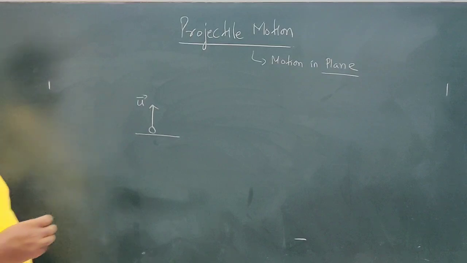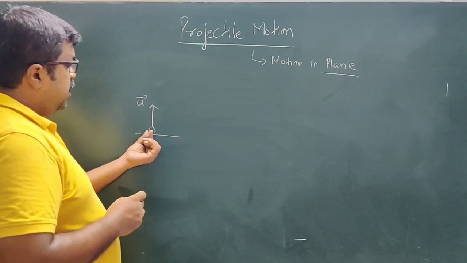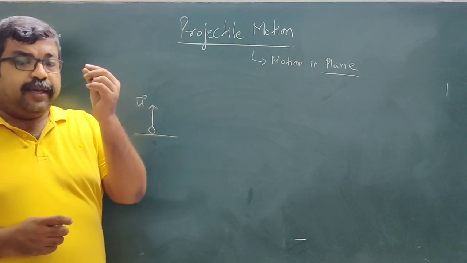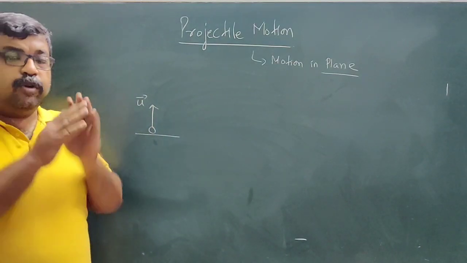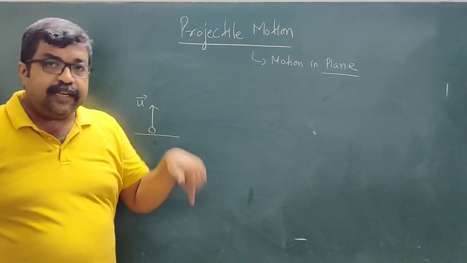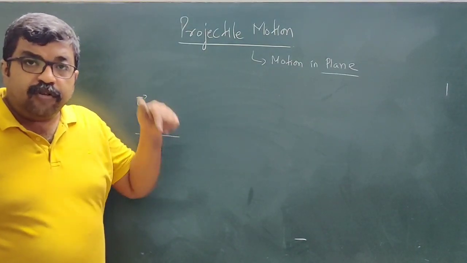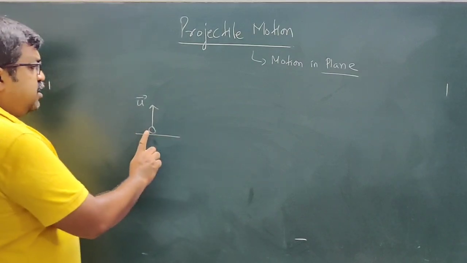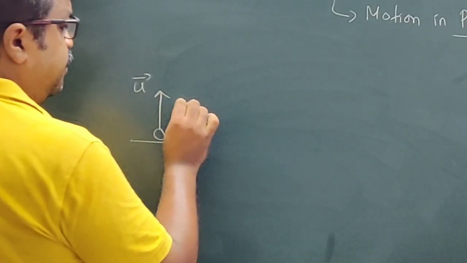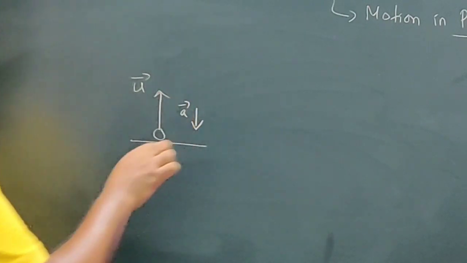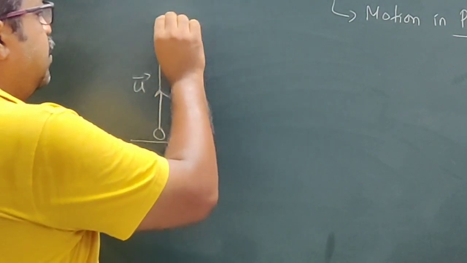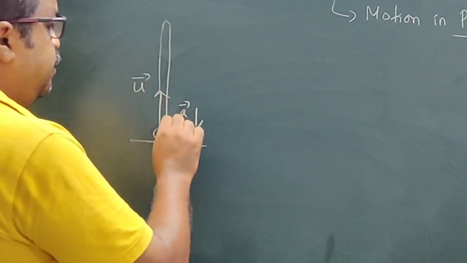When this object moves upward, it is acted upon by the gravitational force. What is the direction of the gravitational force? It acts in the downward direction. So if the force is acting downward, acceleration will also be downward. In this case velocity is upward and acceleration is downward. So this object will go upward and then it will come down.